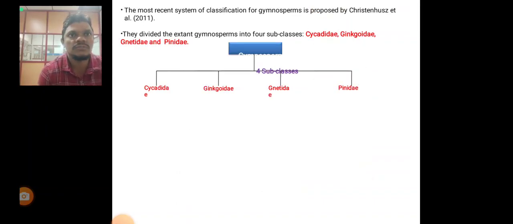The most recent classification gives the subclasses Cycadidae, Ginkgoidae, Gnetidae and Pinidae.